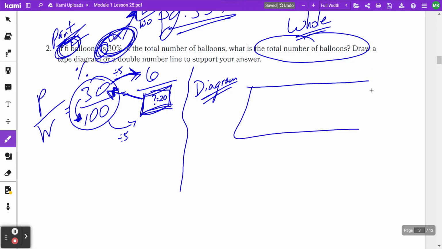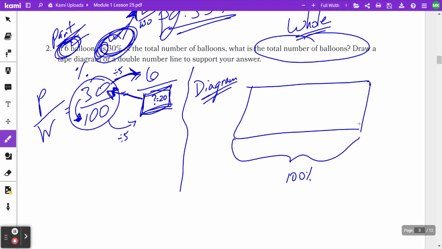So watch this. If I draw a tape diagram, and I want to represent 6 balloons as being actually 30%. So how do I show 30% on this thing so that I actually have 100% total? So the whole thing is 100%. That's a terrible bracket.